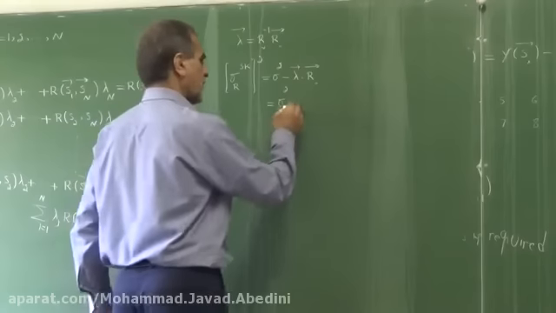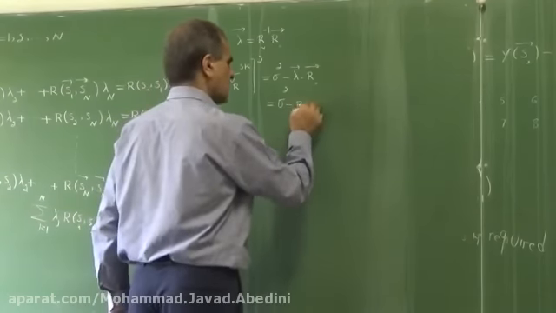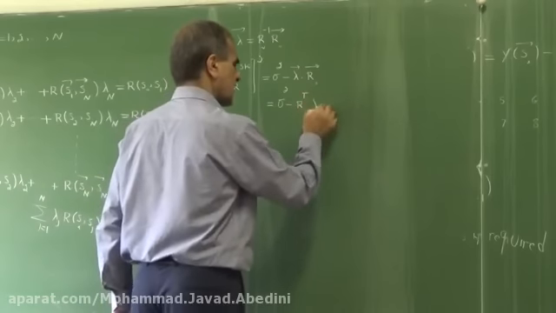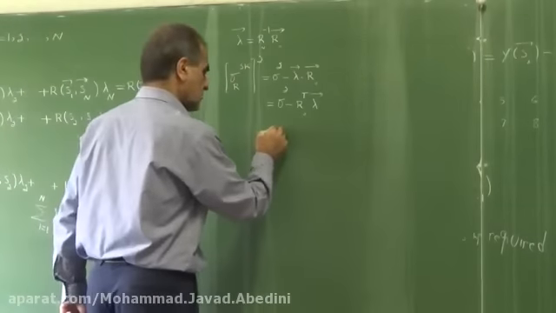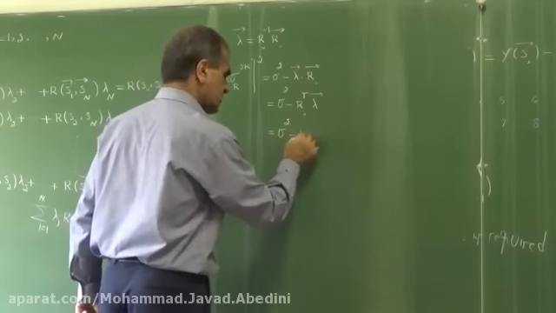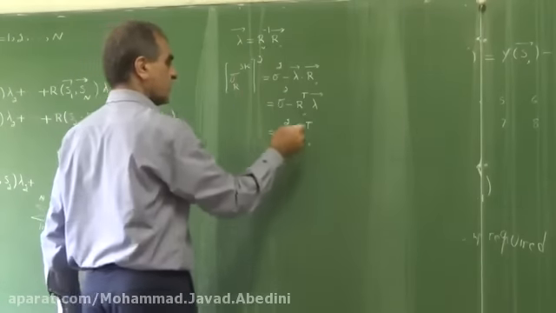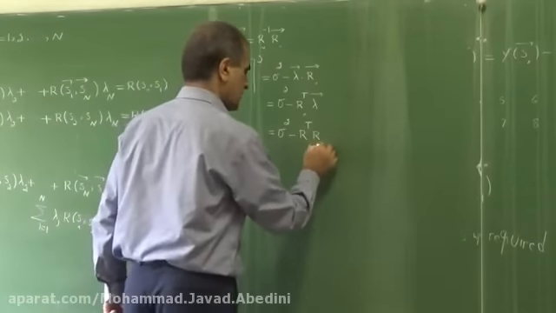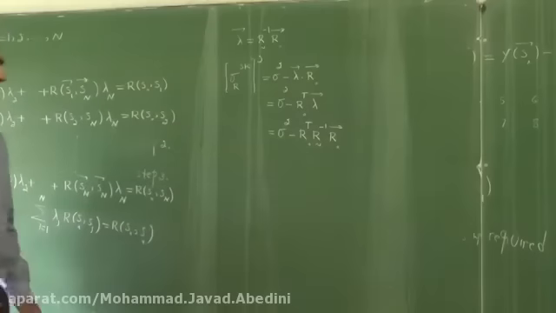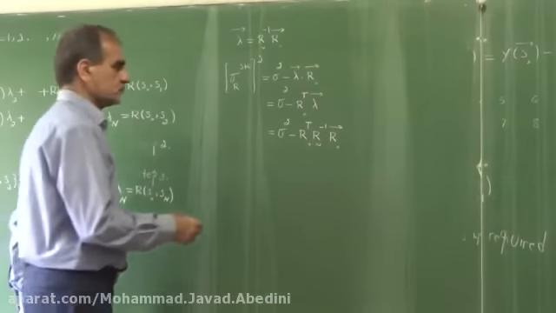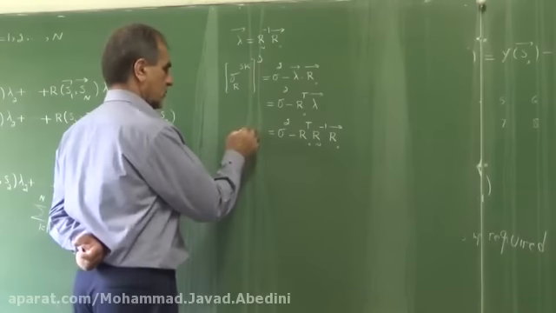You can write this as sigma 2 minus R transpose times lambda, just like what I have out there. And then you can replace this lambda with what you have here, R inverse times R. Variance of residual.